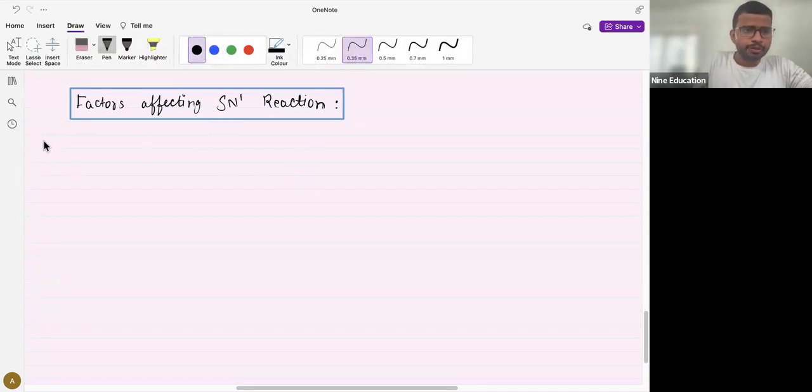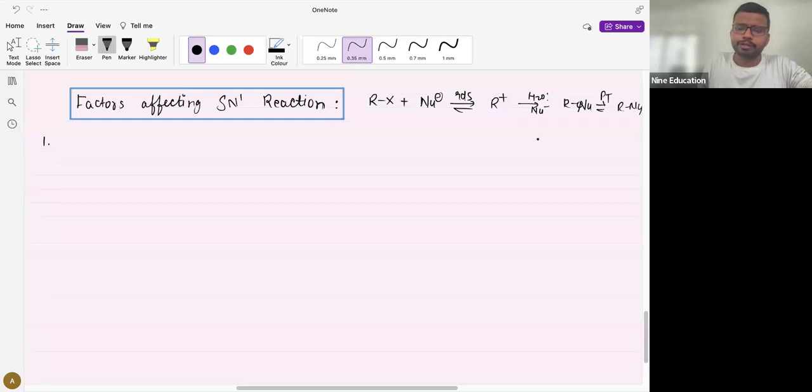So the first factor which will affect the SN1 reaction. Let's say we have RX, and any nucleophile which is attacking. We have RDS, which is the slow step, to make carbocation, and then you have H2O, and the last will be our proton transfer.